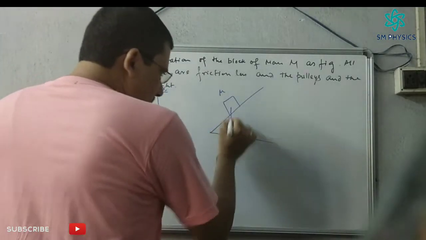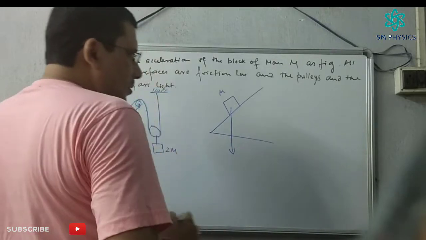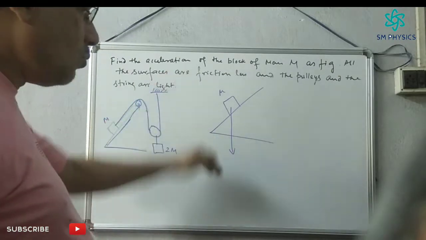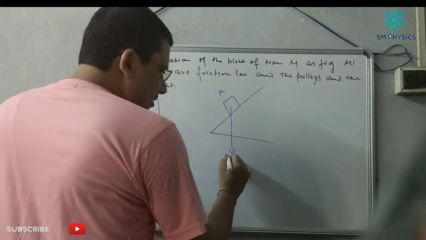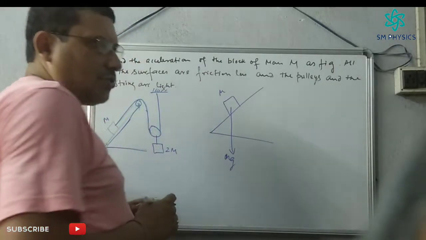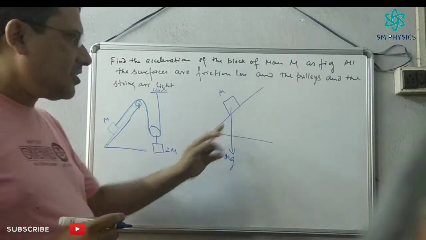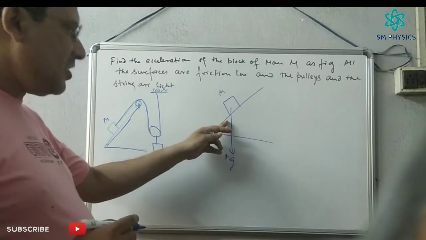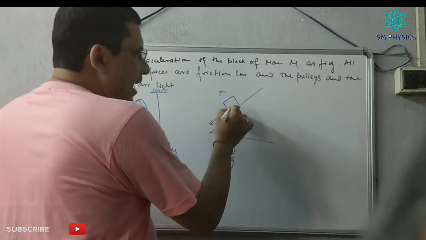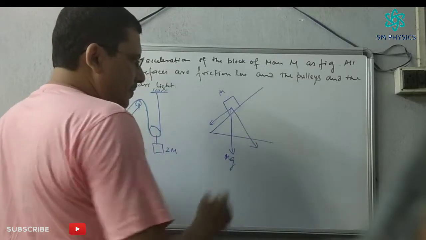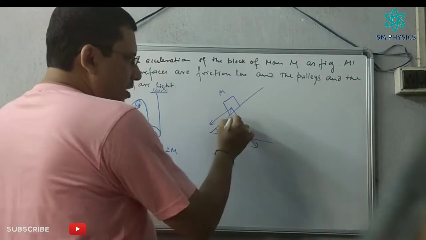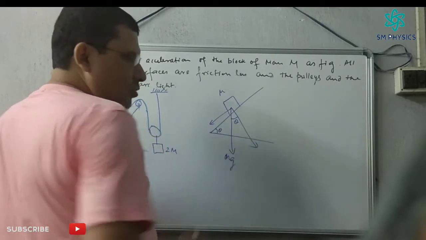Now the weight is acting in the downward direction, and that is mg. Now according to Vector's rule, we divide this force into two components. One is horizontal, another is perpendicular. Now this angle is theta. By geometrical proof, this angle is also theta.